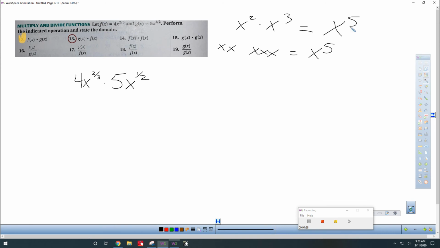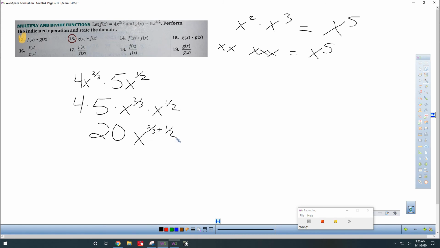Let's change the order we do this. Remember, we can multiply things in any order we want. So 4 times 5 is 20. So what is x to the 2/3 times x to the 1/2? That's x to the 2/3 plus 1/2.